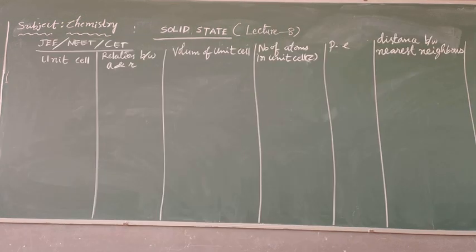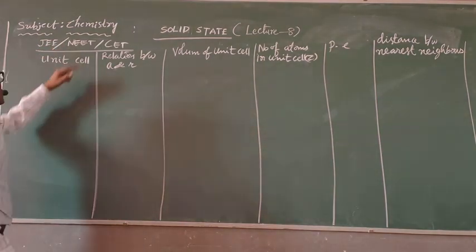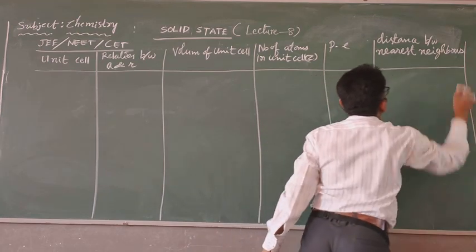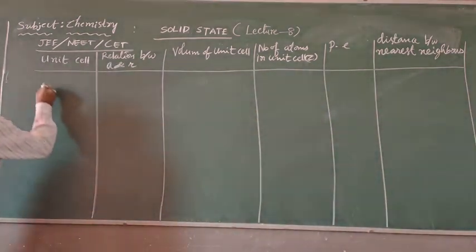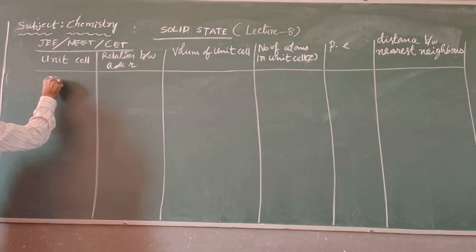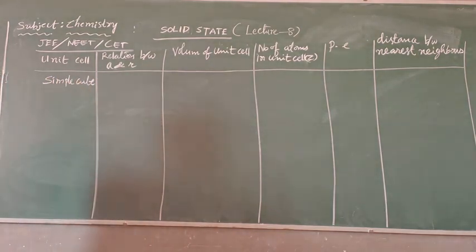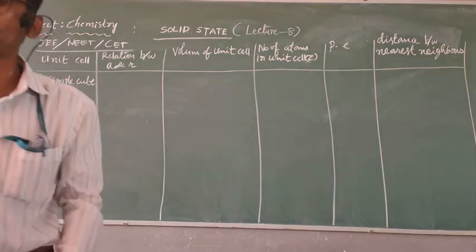As towards competitive point of view, let us take some comparison. The type of unit cell is simple cube, primitive unit cell. In this simple unit cell, how are a and r related?